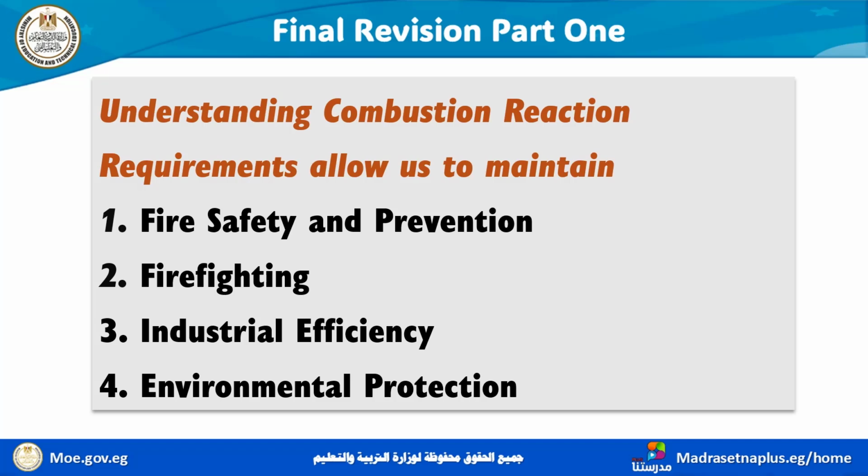Also, firefighting. To extinguish a fire, you must remove at least one of these 3 elements, like using water to remove heat, or shutting off a gas valve to remove the fuel. In industrial efficiency, in engines and power plants, understanding this requirement allows engineers to create the perfect mix of fuel and air to get the most energy with the least amount of pollution.